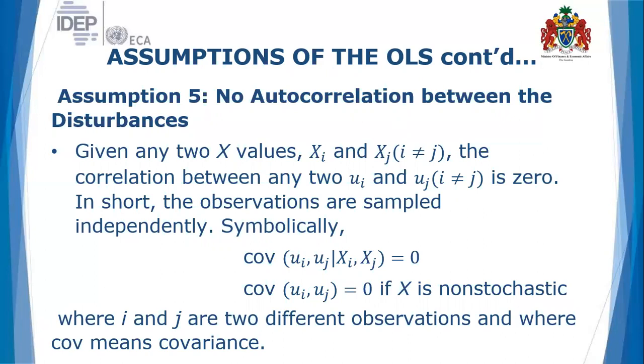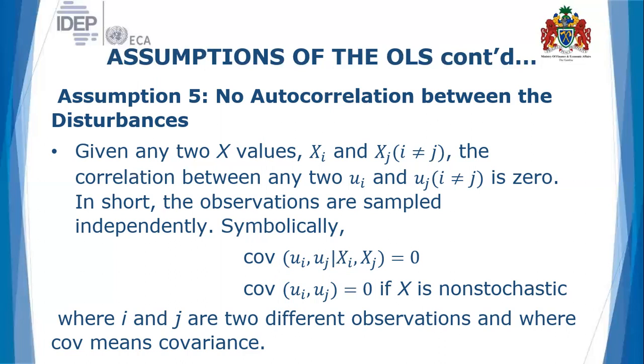So if there is no correlation between any 2 error terms, that means their correlation is 0. Symbolically, covariance of ui and uj given values of xi and xj is equal to 0. No covariance or no correlation between the error terms.